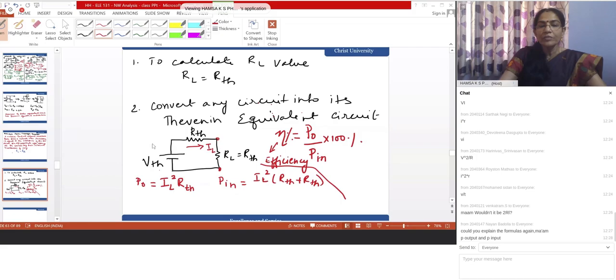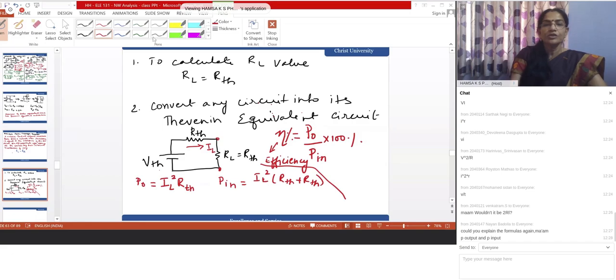Input power will be the power given by the source. The source is giving the power, and for the source, there are two resistors. Output power is across this resistance only. Input power is power given to the circuit by the source. So here we have two resistors, so both are included, RTH plus RTH. So input power will be IL squared into 2 RTH. What will be the efficiency?